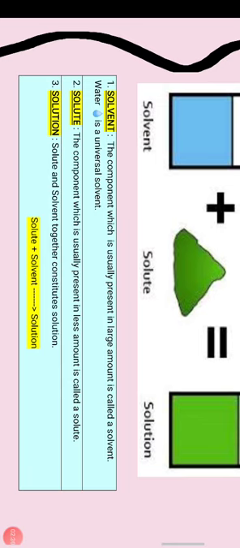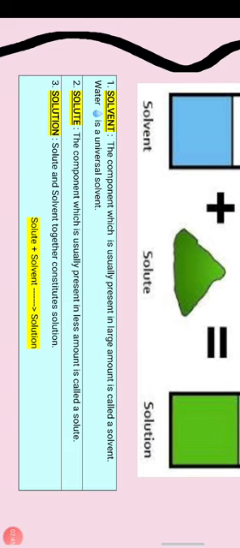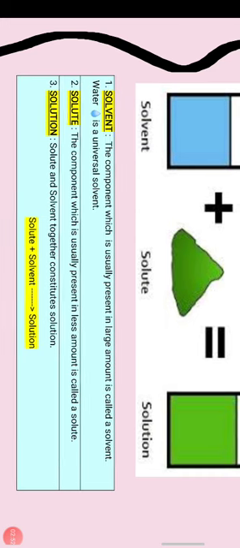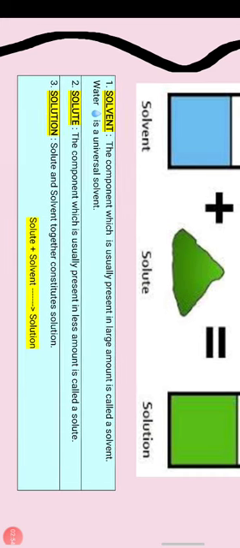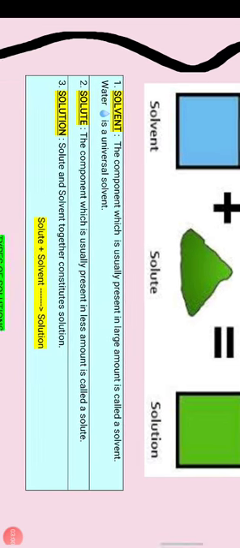Solute is the component which dissolves in the solvent, and not always is it present in less amount. Again the example is alcohol, in which alcohol is present in more amount but still it will be considered as solute only. And solute and solvent together constitute the solution. So solute plus solvent gives us solution.